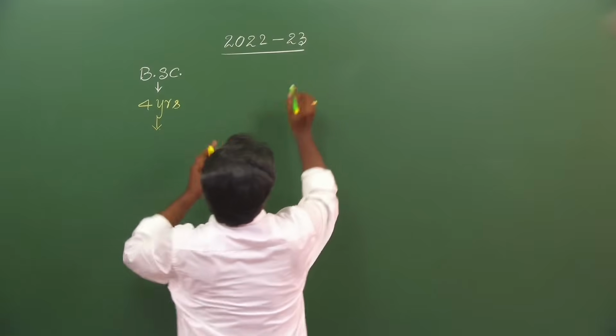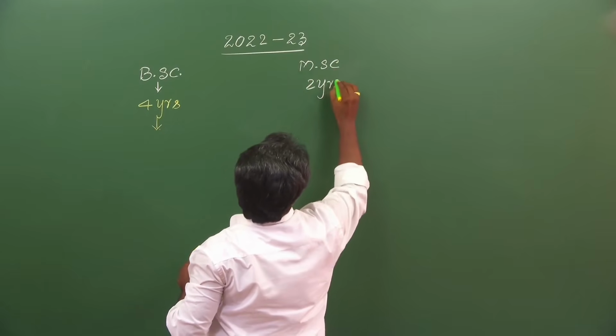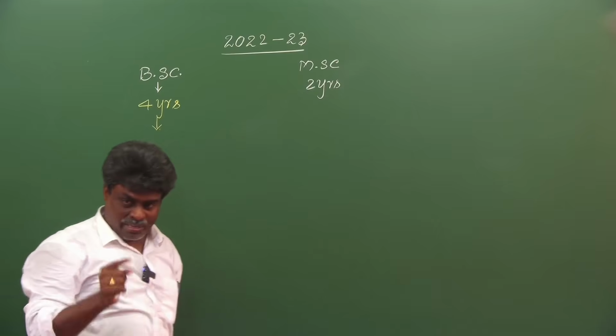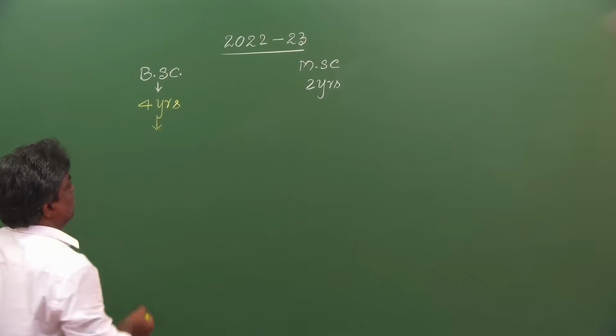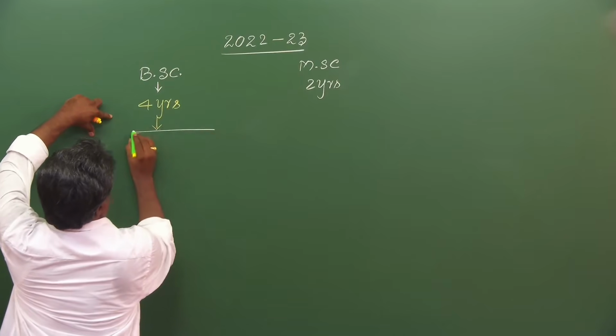Listen. And here the M.Sc program is there. This is the post graduation. This is 2 years only. I will tell you what that 2 years is. Ready. So in this 4 years, they divided 2 categories.